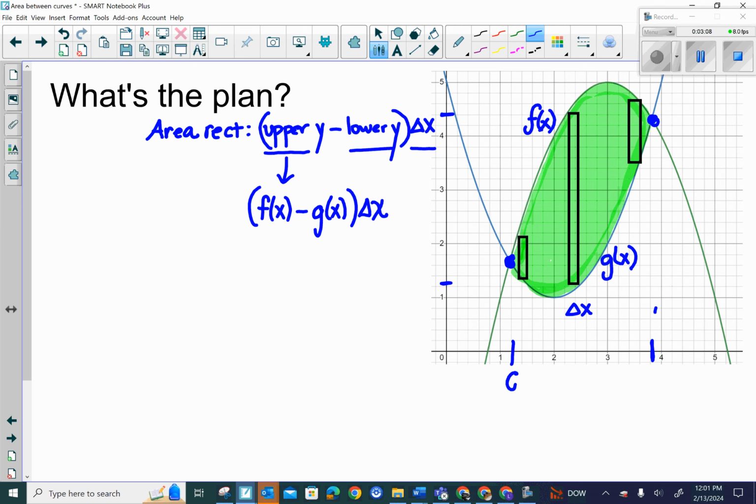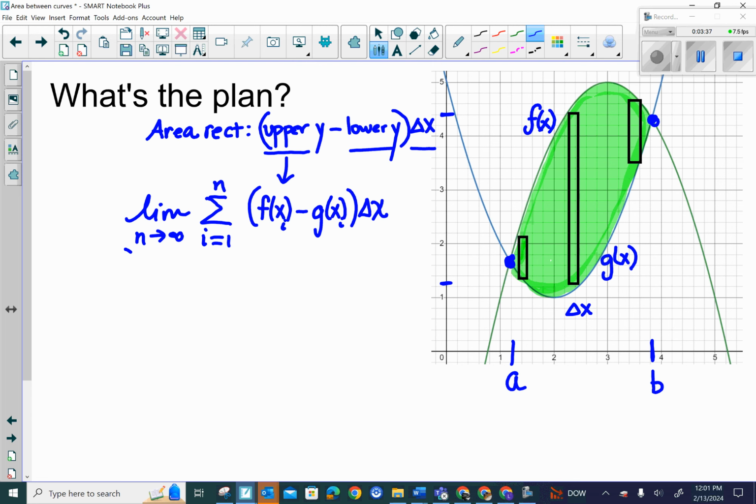I'm just speaking generally here. I'll label those A and B. Of course, you can find those usually on a graphing calculator if you can't solve for them algebraically. So I would then take that area of the rectangle, and I would sum up all of them, from 1 to n, and then I'd take the limit as n went to infinity or as delta x goes to 0.